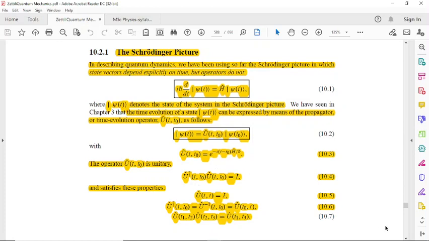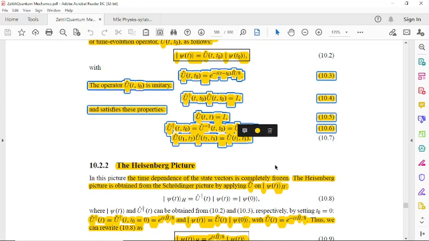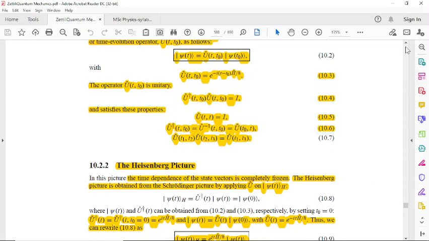The properties are U of t, t equal to I, U dagger of t, t0 equal to U inverse of t, t0 equal to U of t0, t, and U of t1, t2 times U of t2, t3 equal to U of t1, t3.